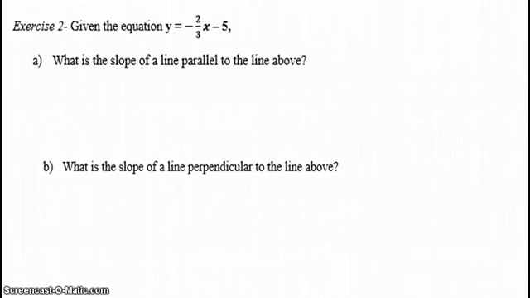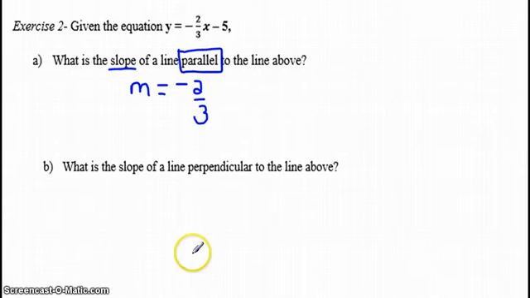Example 2. Given the equation y equals 2/3 x minus 5, we want to figure out what is the slope of a line that is parallel to that line above. So here we're just looking for a slope. So m is equal to the same slope that we see there. So our slope of a parallel line would be negative 2/3.